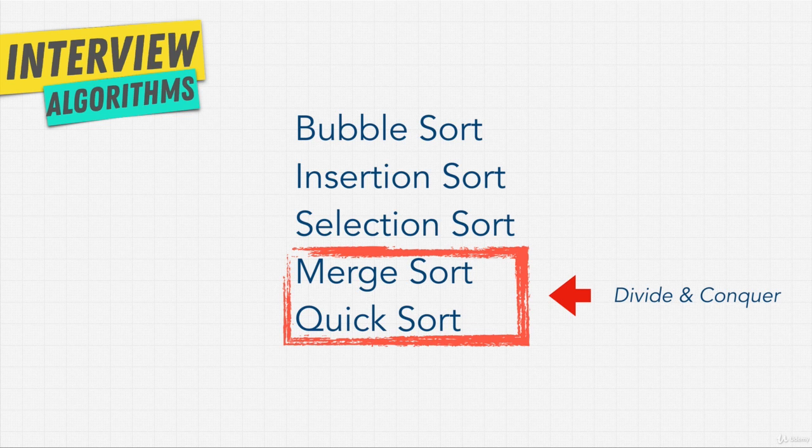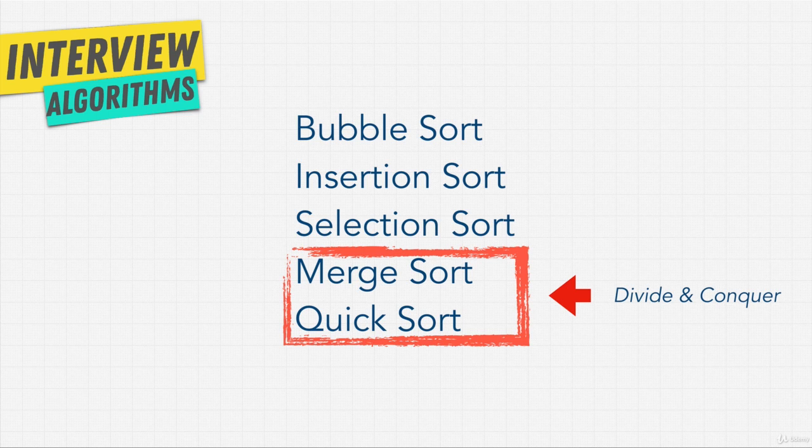Remember, when looking through a phone book, we open up that book not from the first page, but from the middle page. And we keep breaking up the pages until we find the name we're looking for. Merge sort and quicksort use this concept of divide and conquer and the idea of recursion, which we've talked about, to divide the problem down, do work on each subset, and then combine the solutions.